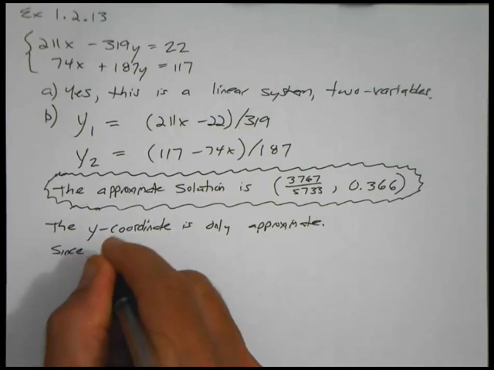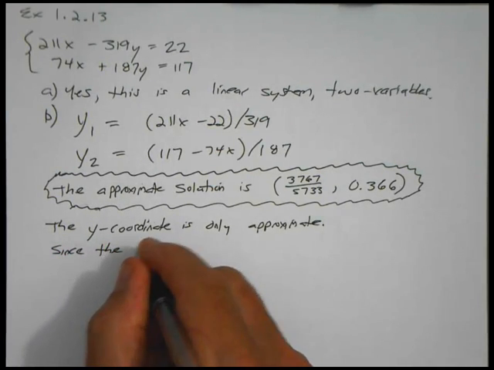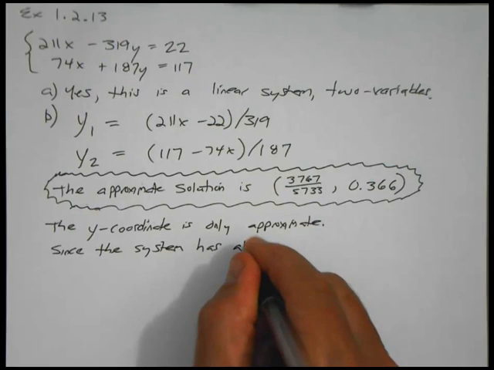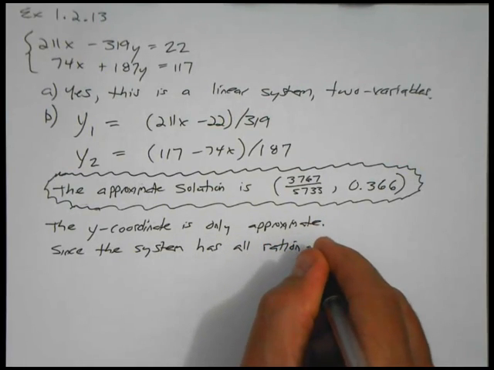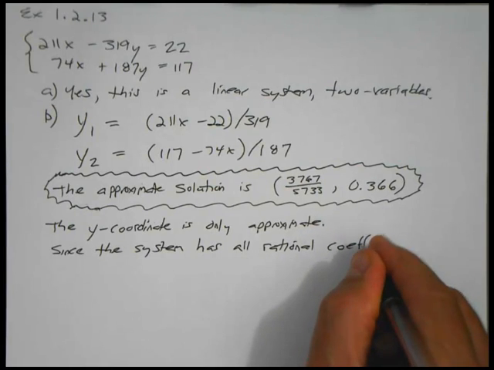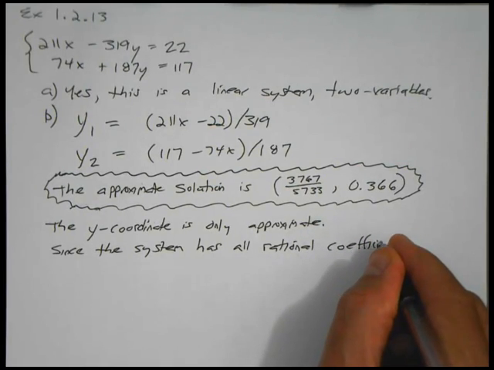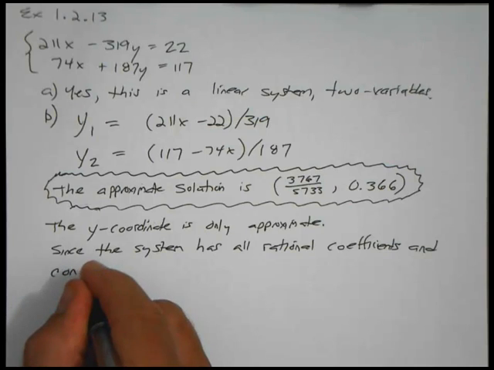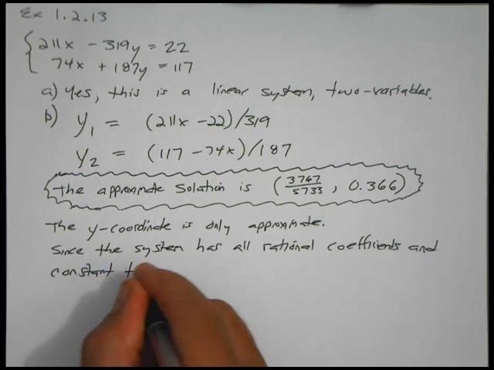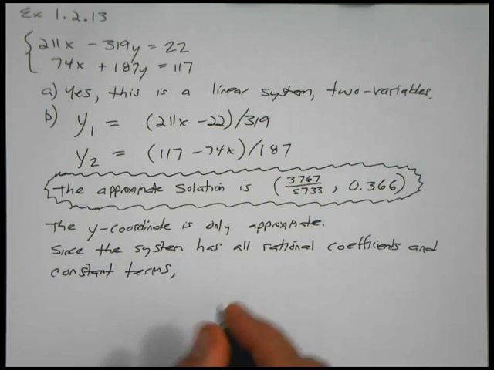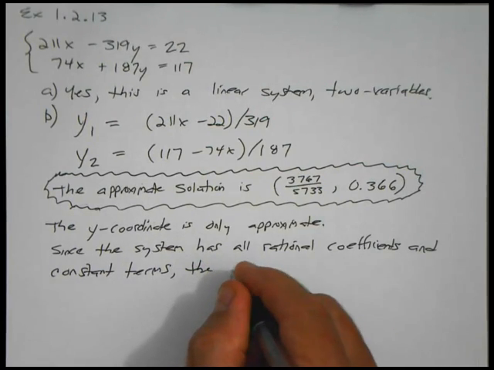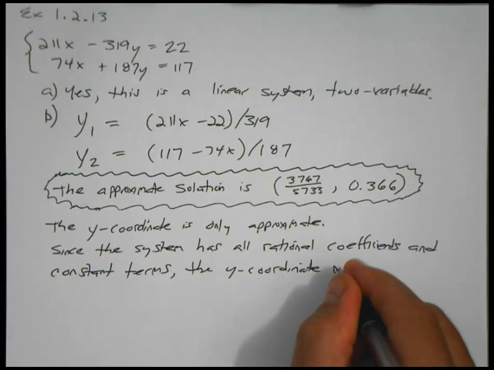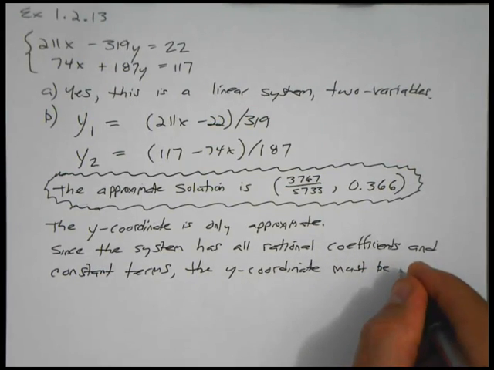Since the system has all rational coefficients and constant terms, the y-coordinate must be rational.